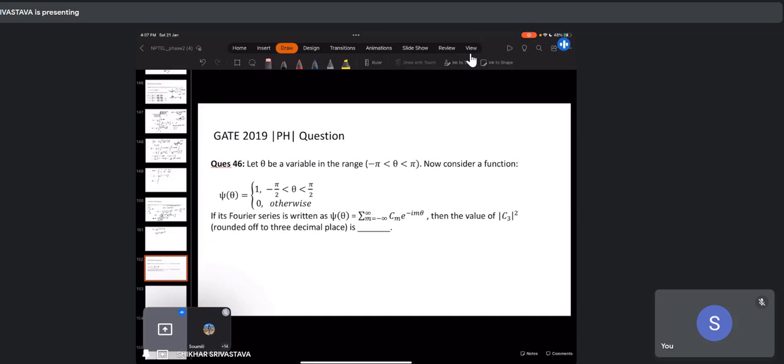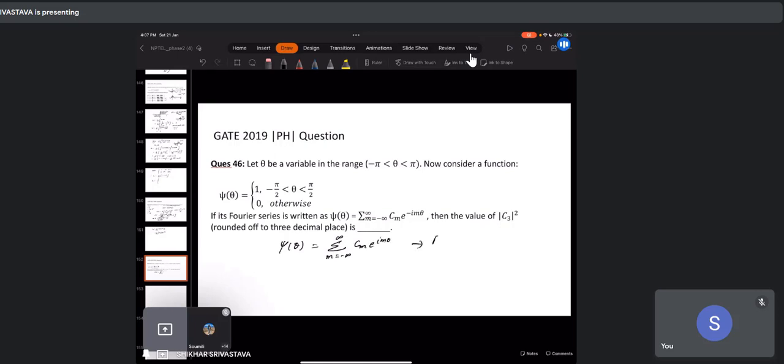Now another question in GATE 2019 it came. They're given some function psi of theta which is 1 between minus pi by 2 and pi by 2, and it's 0 otherwise. So if its Fourier series is written in this form, psi of theta is summation m minus infinity to infinity cm.